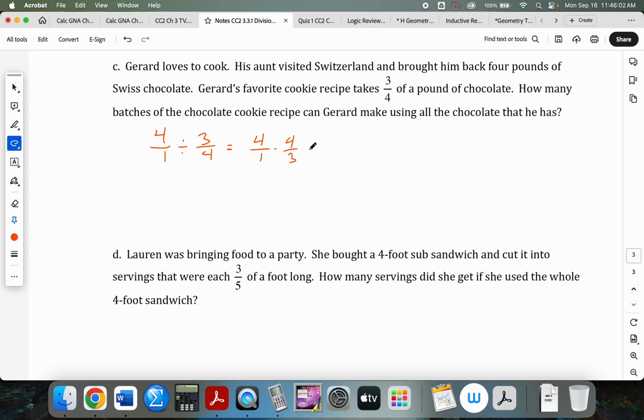We're multiplying by the reciprocal. That's 16/3. So he can make 5 1/3 batches. Anytime you're doing a problem that has some kind of units in it, you should have units in your answer. 5 1/3 what's? 5 1/3 batches.